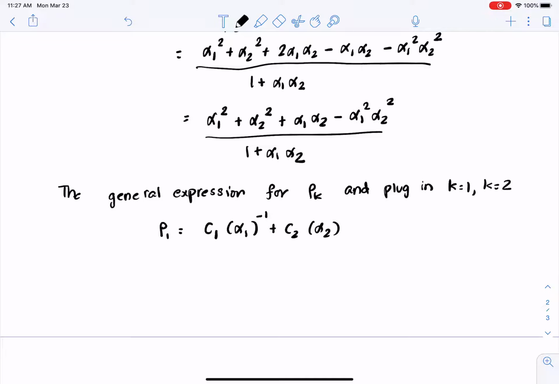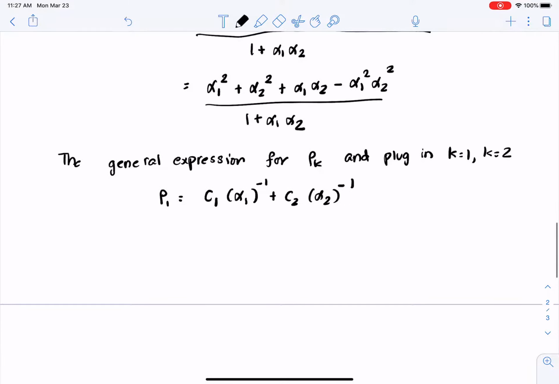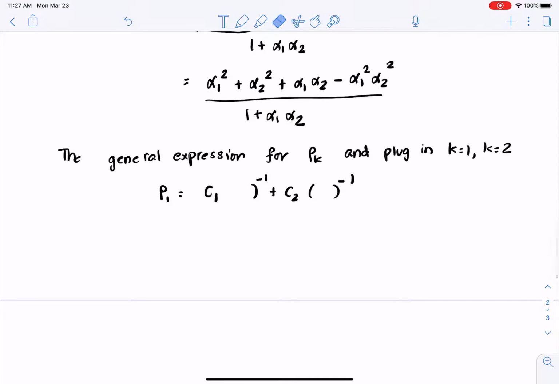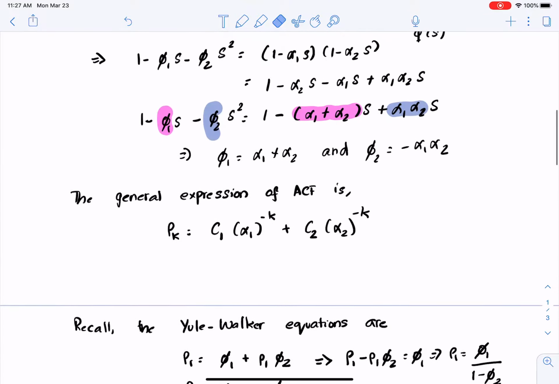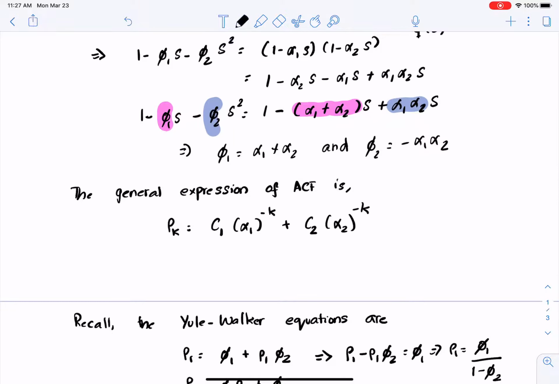Sorry, I previously said negative 1, but it should actually be positive, because if you recall, the general expression has the root raised to the power of negative k.